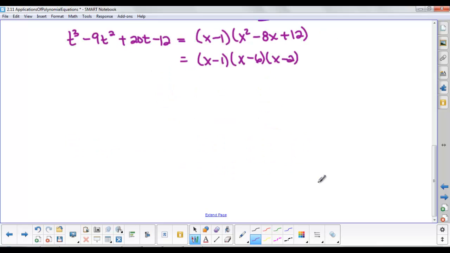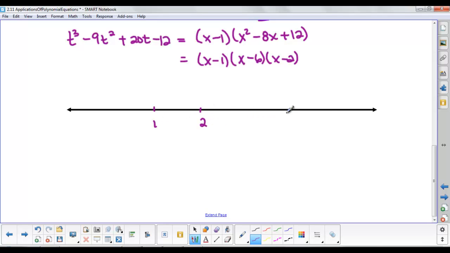Now that we've got our function fully factored, what we can do is test some intervals. So we have roots at positive 1, positive 2, and at positive 6. So what we want to do is test values in between these roots.